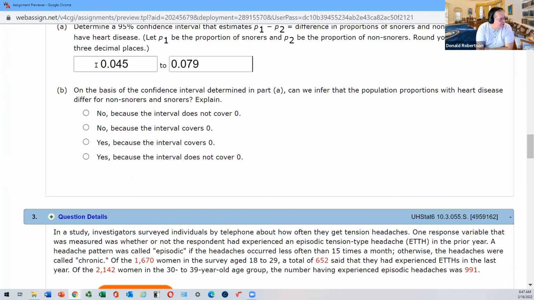And roughly 4% more, agreed? Because this interval has nothing but positive numbers in it. Now, if that was true, there might be some really minor news article. You know, you're 4% more likely to have heart issues if you snore.